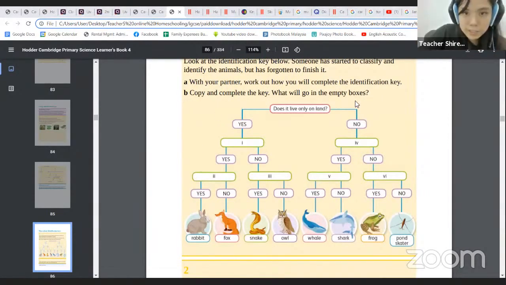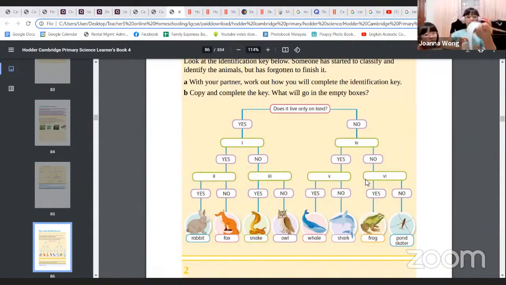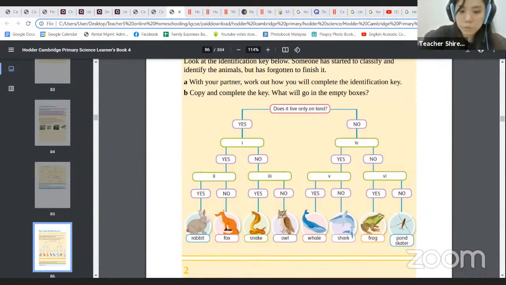Yes, copy this and then figure out what is 1, 2, 3, 4, 5, 6. So there's page 83 and page 86.